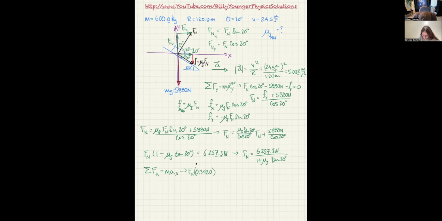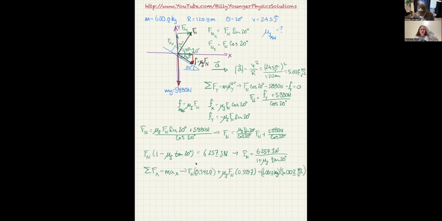So I'm going to say plus the friction force, which I'll say is mu static Fn, times 0.9397. That gives me 4 sig figs, which is more than enough. The main thing is I want to always carry at least one extra sig fig. So that's two of the forces acting in the x direction, and that seems to be all of them. I don't see any more. And that all has to equal 600 kilograms times 5.002 meters per second every second.